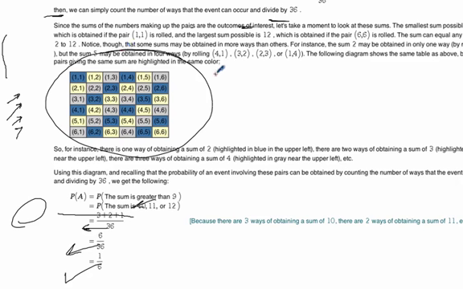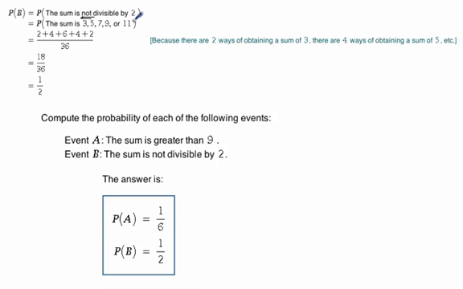Well, it can add up to 2, 3, 4, 5, 6, 7, 8, 9, 10, 11, and 12. Those are all the different sums. And what we're looking for is the probability that it's not divisible by 2. Well, 3, 5, 7, 9, and 11 aren't divisible by 2.